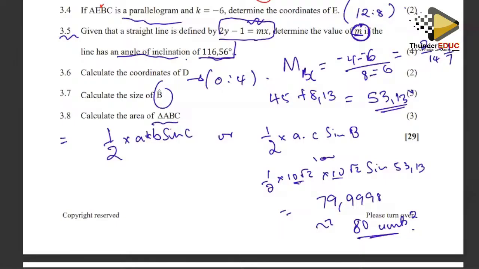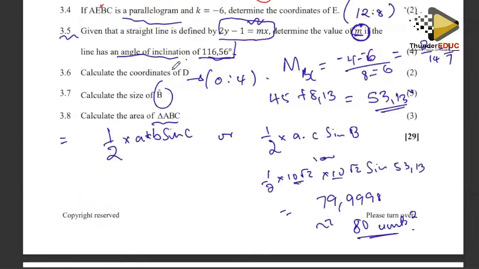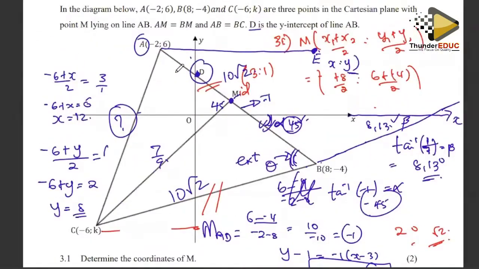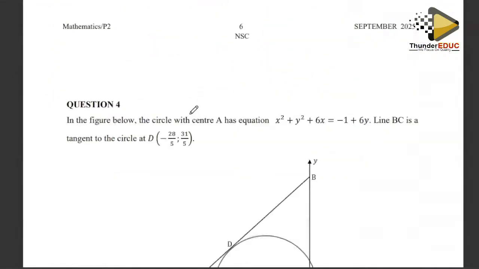All right, so that is how we would have gone about with that, okay? Alternatively, if you feel there is a 90-degree somewhere, then go ahead and use it and find the distance. Okay, that is question number 3, 29 marks.